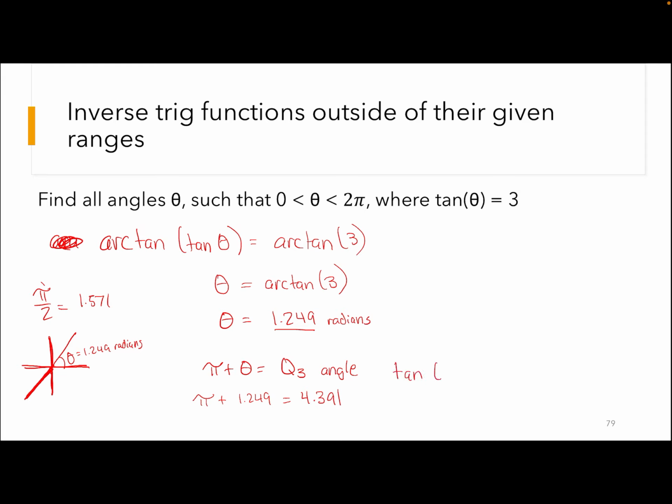Now, if you wanted to check this in your calculator, you can just do tangent of 4.391, and we get roughly 3.0036. So it's very close to what we started with.